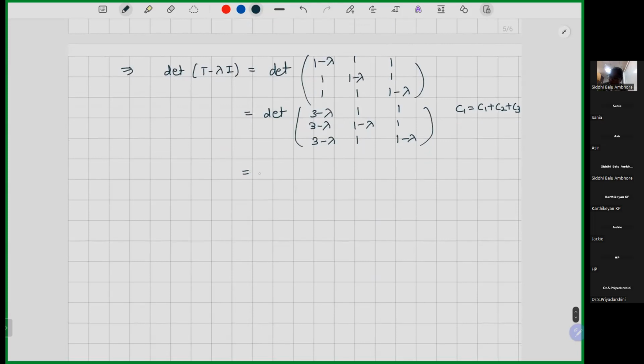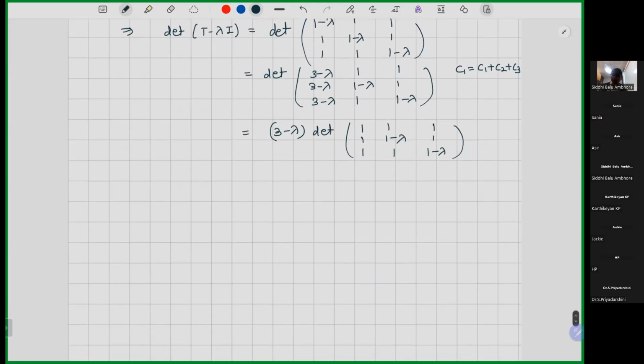Now I can take 3 minus lambda common, and the determinant is now 1, 1, 1, 1, 1 minus lambda, 1, 1, 1, 1 minus lambda. Now I will calculate the determinant with respect to the first row.